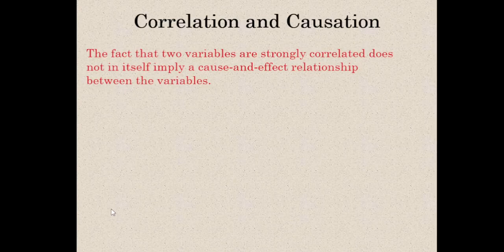Last topic is causation, that is correlation and causation. How is causation related? See, when two factors are strongly correlated, it does not mean that they are in a cause and effect relation. For example, take the case of demand and price. If a particular product has high demand, then the price would increase.